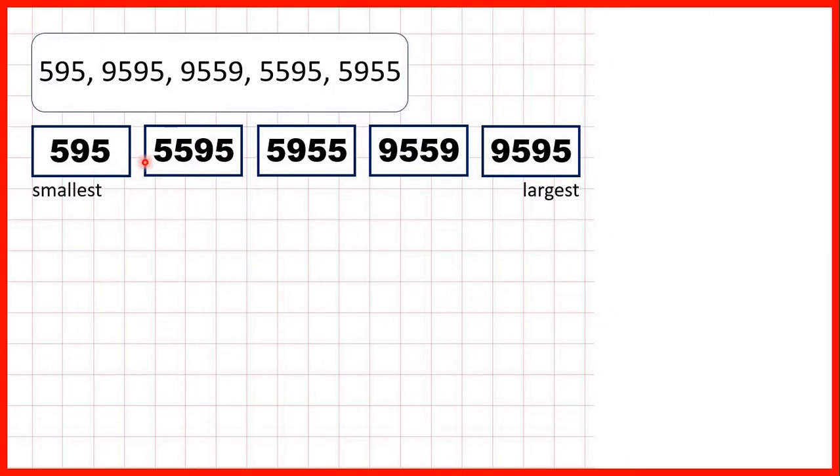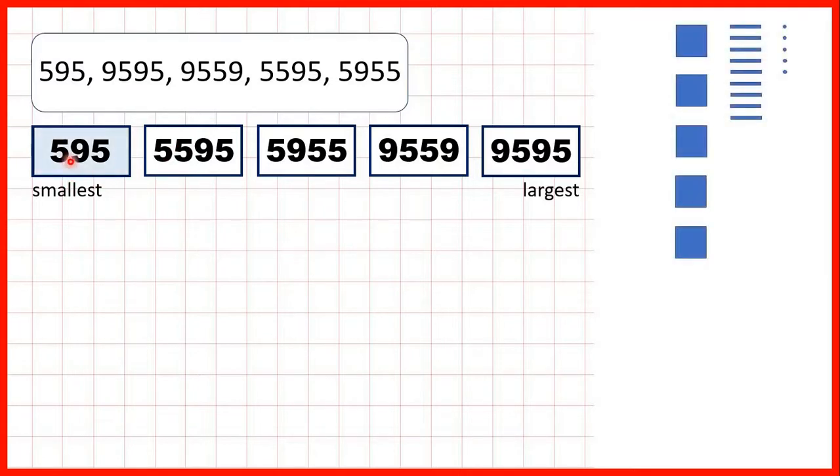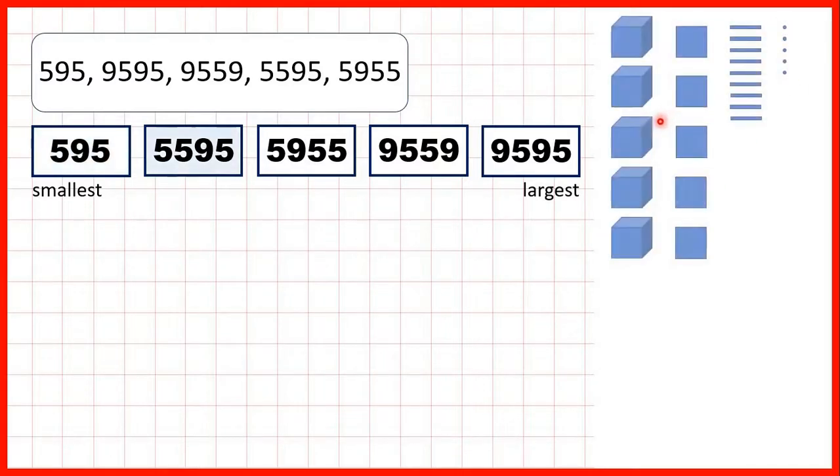Now, to help us understand what we're doing when we compare numbers, let's look at the representations for the numbers that we've compared. So for our first group, our smallest number was 595. So there's 5 hundreds, 9 tens, and 5 ones. Our next smallest was 5,595.